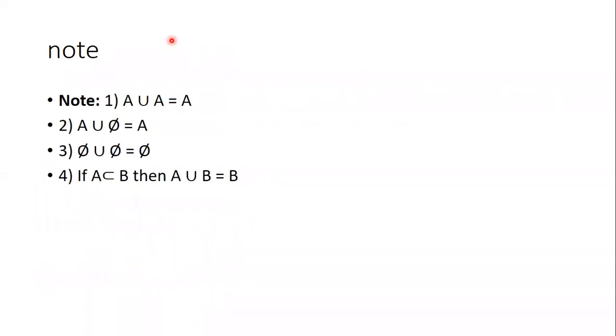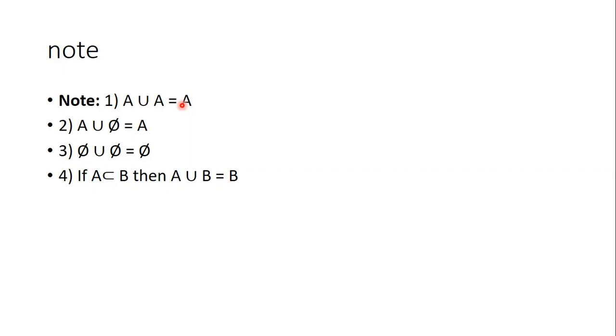Now, in the notes, we understood A union A is A. If set A is 1, 2, 3, and you add 1, 2, 3 with another set 1, 2, 3, it is back to 1, 2, 3 only.